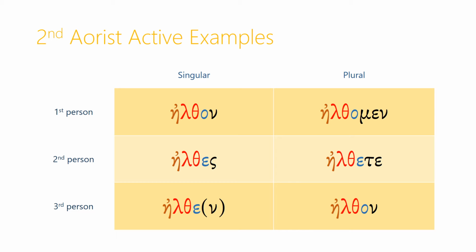You just have to learn, along with the verb, the aorist form. And in this case, elth is the stem, and so the initial epsilon has been lengthened by the augment to become an eta. That gives us eilthon, eilthes, eilthen, eilthomen, eiltheta, and eilthon.